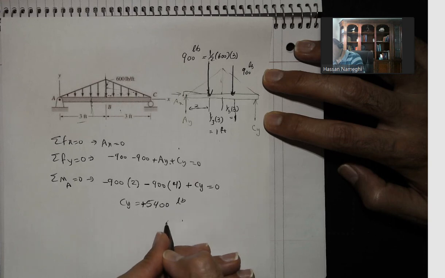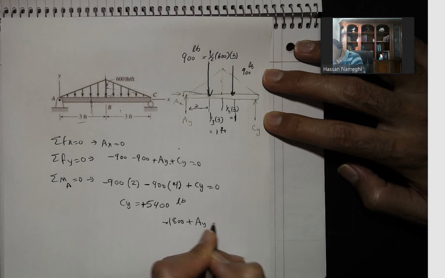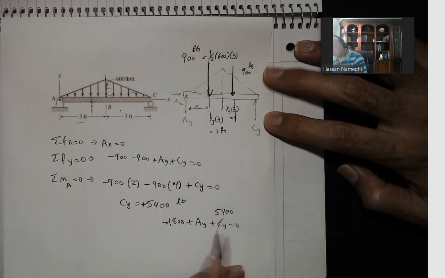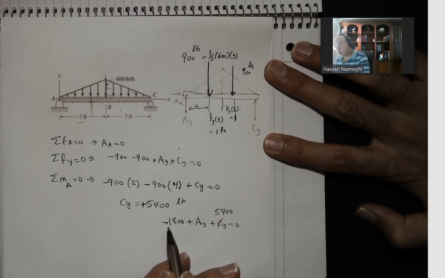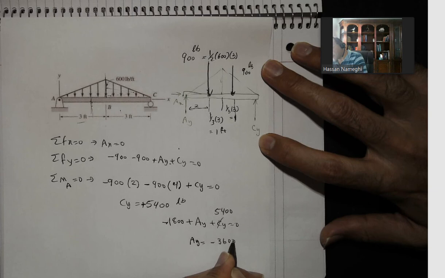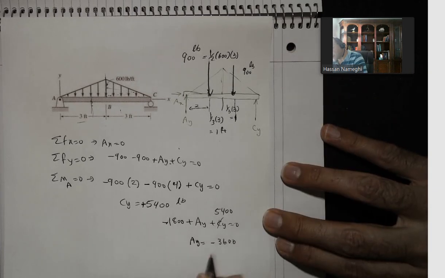So you get minus 1800 plus AY plus CY equals 0. This will be 5400. The answer for AY is minus 3600. Yeah, the unit is pound.